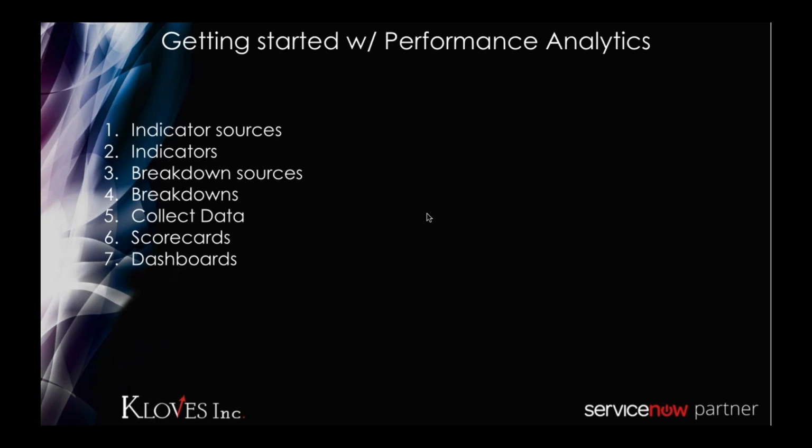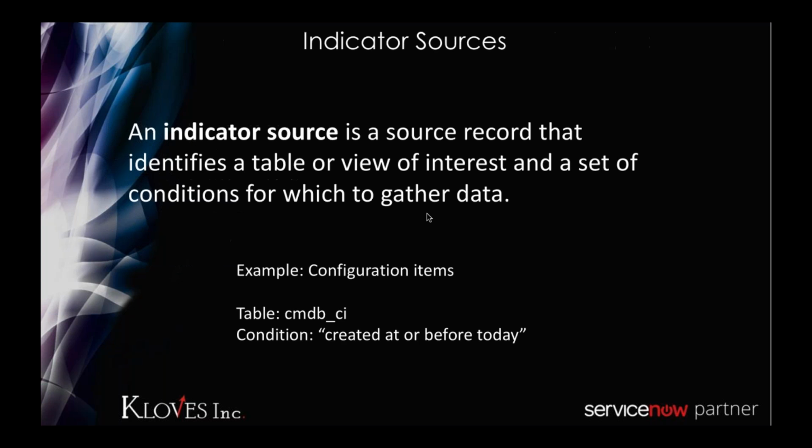I will walk through each of these components with respect to the CMDB, and I'll provide an example for each from the CMDB. So first we have our indicator sources, then indicators, our breakdown sources and our breakdowns. Then we have to actually collect the data and then turn that data into scorecards and dashboards.